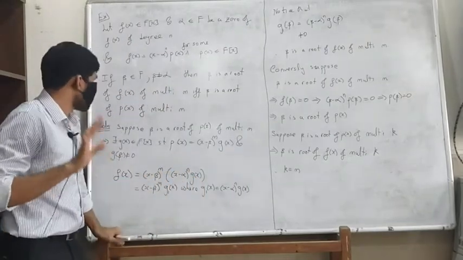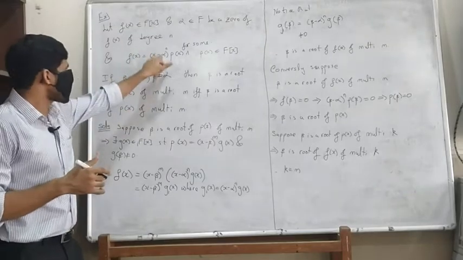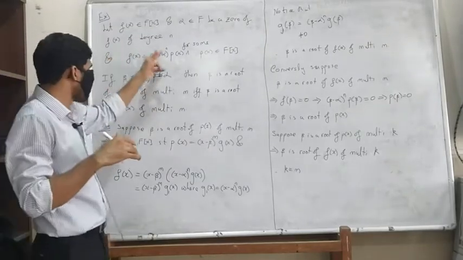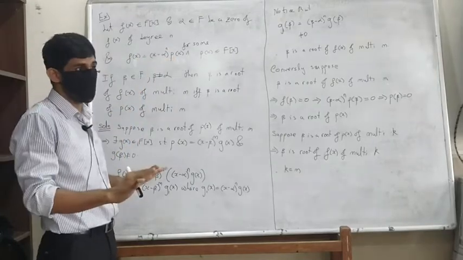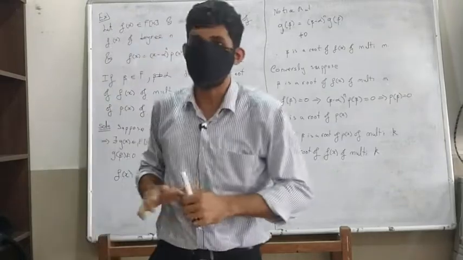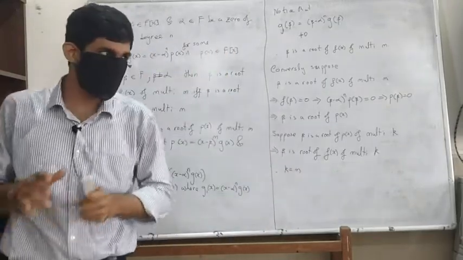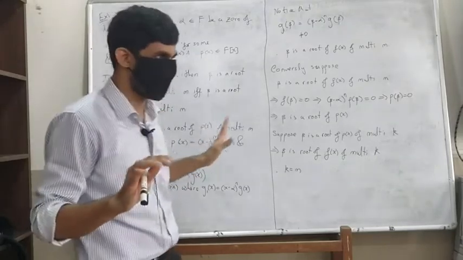So this essentially tells us that other than alpha, the roots of f of x and the roots of p of x are exactly the same, even considering the multiplicities. Okay, taking into consideration the multiplicities, the roots of f and the roots of p are exactly the same.